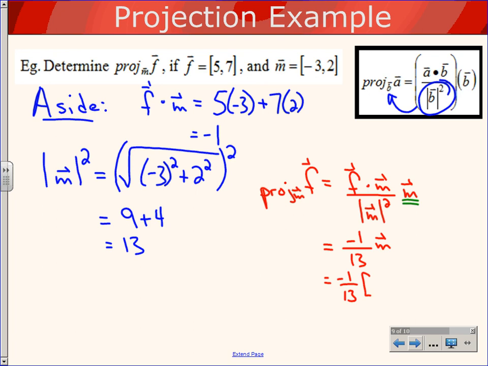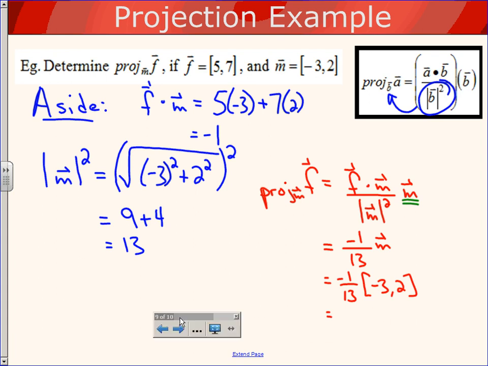Vector M was minus 3, 2. So our final answer would be 3 over 13, minus 2 over 13. That's the projection. So because we know this formula now, that calculation becomes quite a bit more reasonable. Deriving the formula was tricky. Right? There's quite a bit there to deriving that formula again.